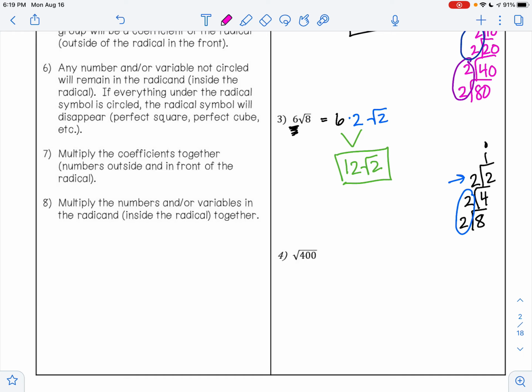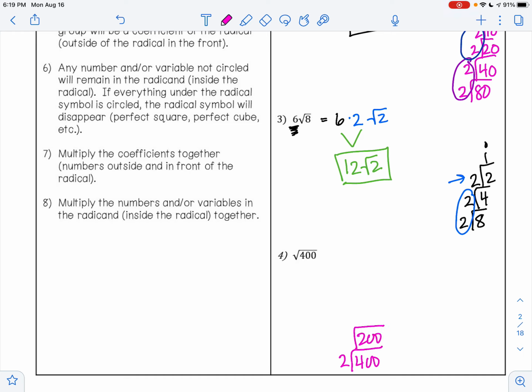There are 2 ways that you could do example 4, and let me show you what they are. If you didn't recognize that 400 is a perfect square, then you probably did the birthday cake method. So let me go ahead and begin by doing that. The smallest prime number that goes into 400 is 2. 2 goes into 400 200 times.